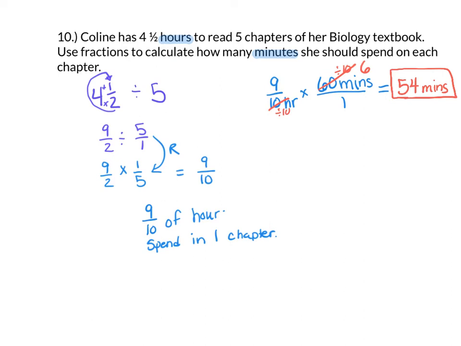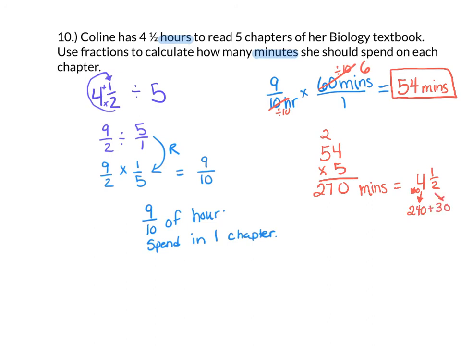So I could check it and I could say, okay, well, if each chapter was 54 minutes and I multiplied that by 5 chapters, I would get 20 and 25 and then 270 minutes. And is 270 minutes equal to 4.5 hours? Yeah, it is, because the 4 here is 4 times 60, which is 240, plus the 30 minutes for the half an hour.